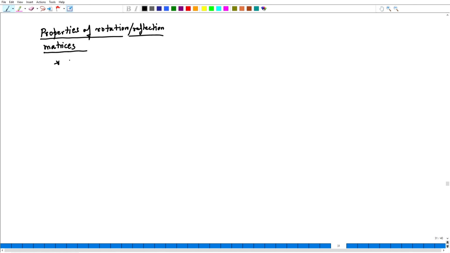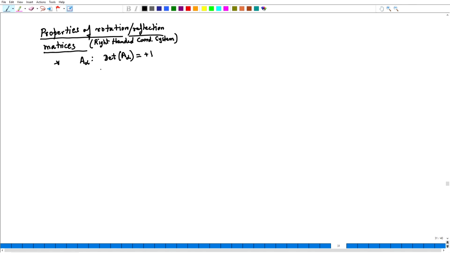One of them being, so I have, let us say, a rotation matrix A alpha, then the determinant of A alpha will always be plus 1, and basically we are assuming that this is a right-handed coordinate system, and that is what we have been using all along.